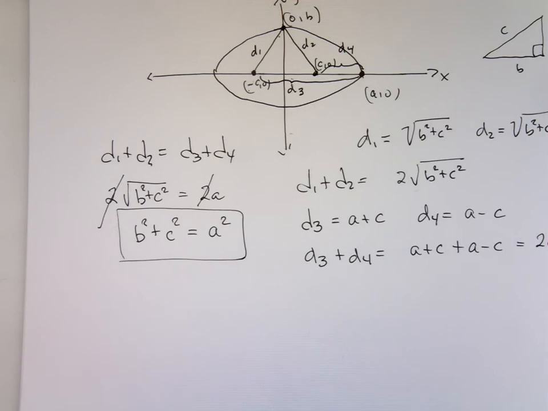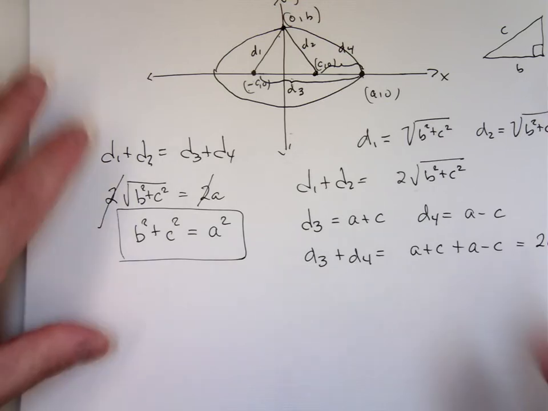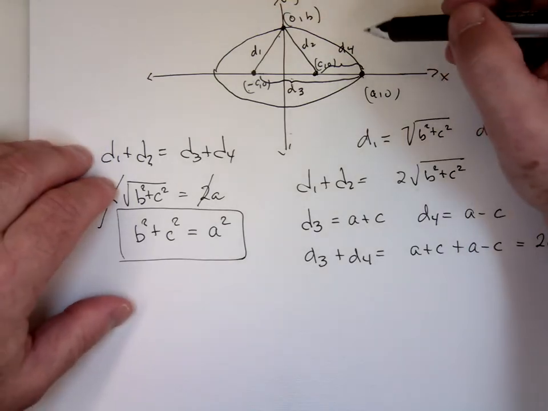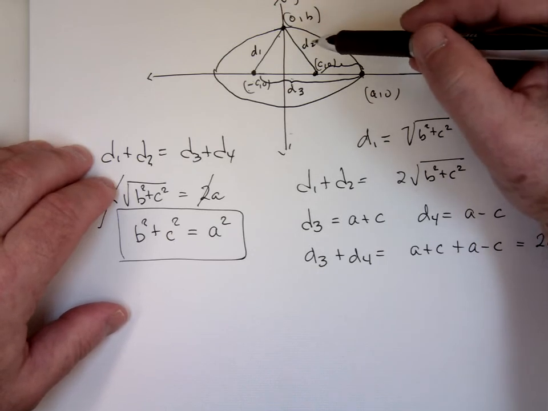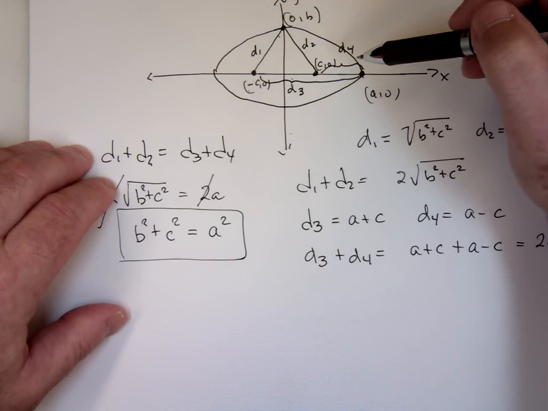Could you draw out a triangle with that? Yes, you can draw a triangle with this, though not easily. Okay, B squared plus C squared is equal to A squared.